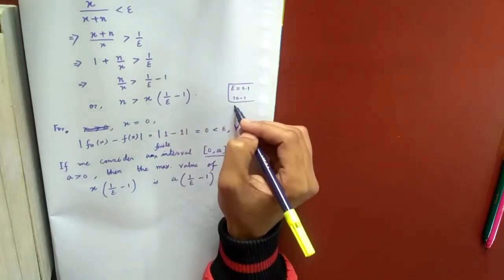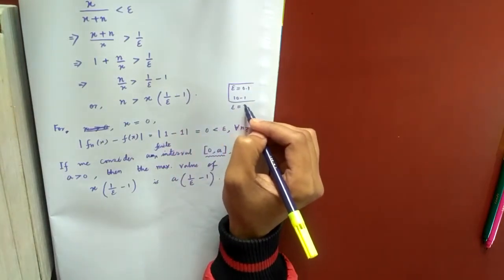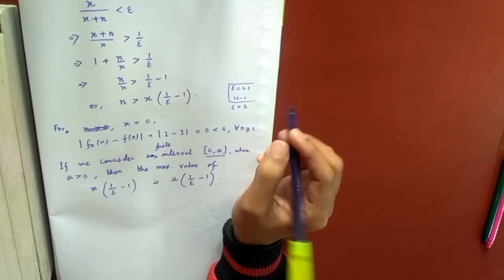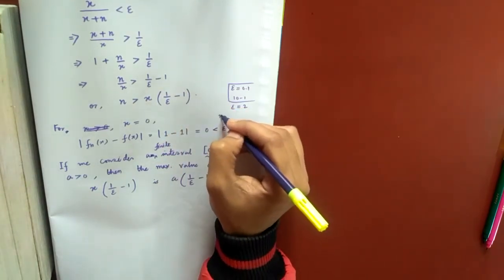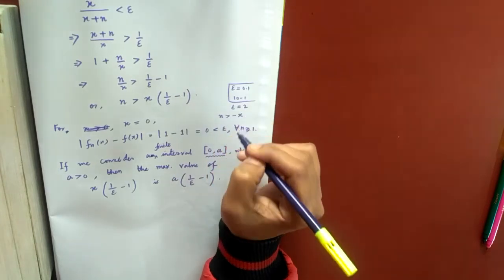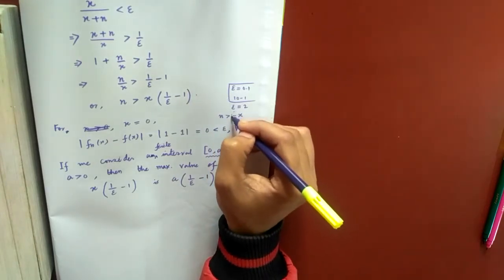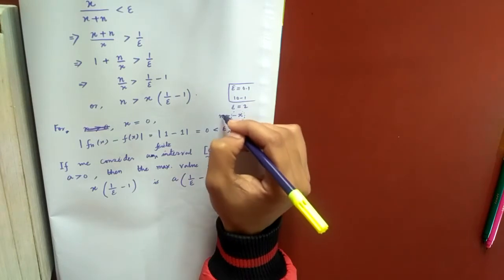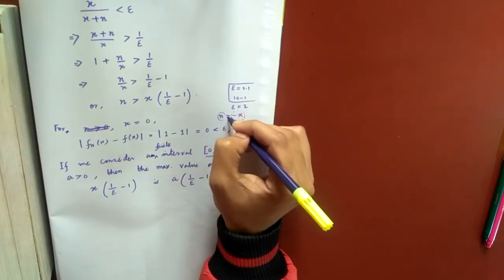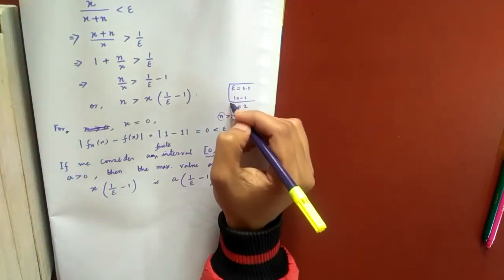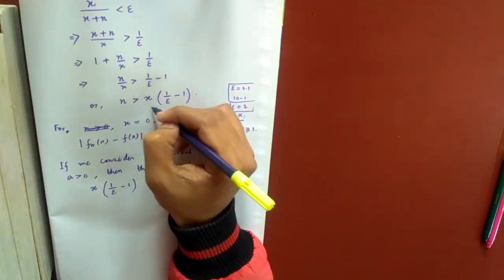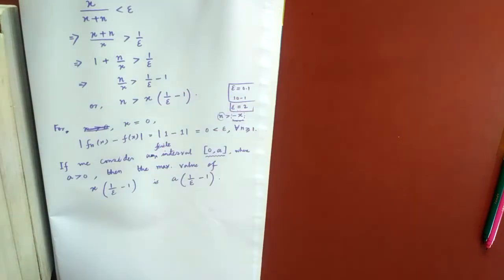However, if you are choosing epsilon equal to, suppose, 2, then this quantity is negative. So this will become n greater than minus x. In this case, we don't have any problem because every natural number is greater than a negative number. So if epsilon is more than 1, this quantity becomes negative, and any natural number will work. I will take n equals 1.